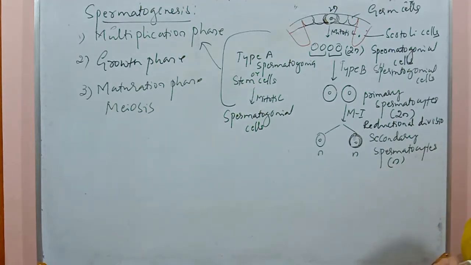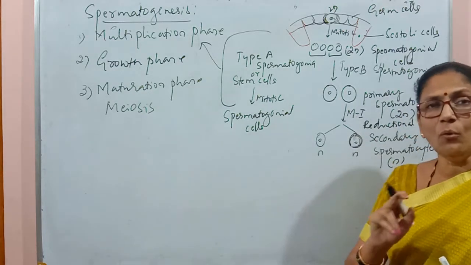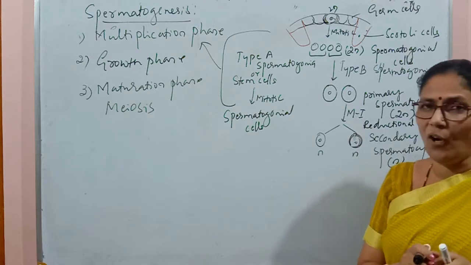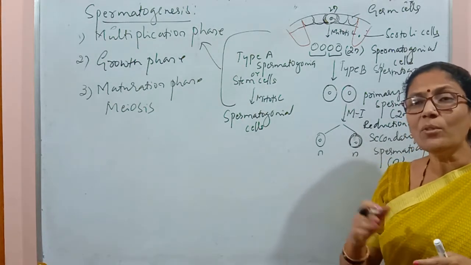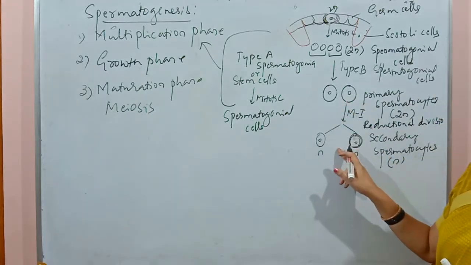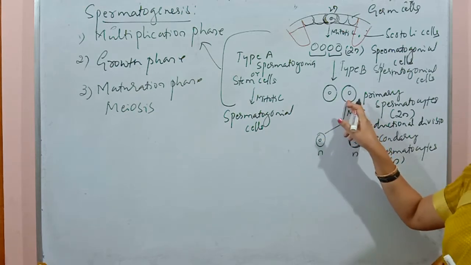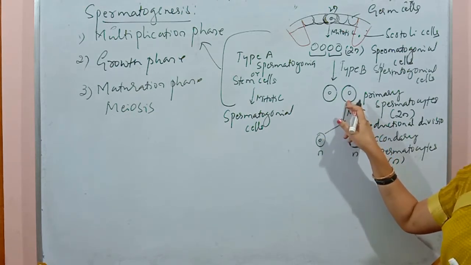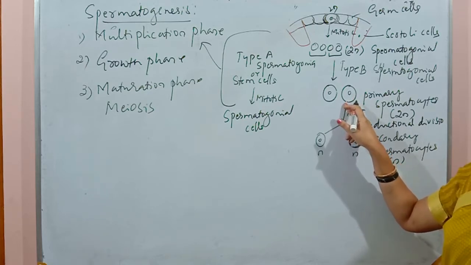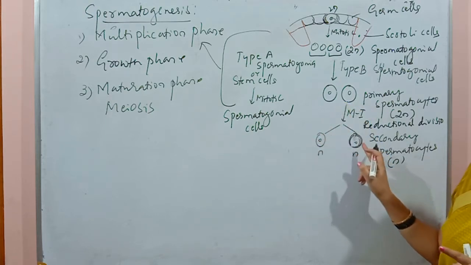The second thing is that genetic recombination takes place between the homologous chromosomes. The homologous chromosomes undergo crossing over, which results in a new genetic recombination different from the parental cell. This means the daughter cells produced from the parental cell are genetically different.